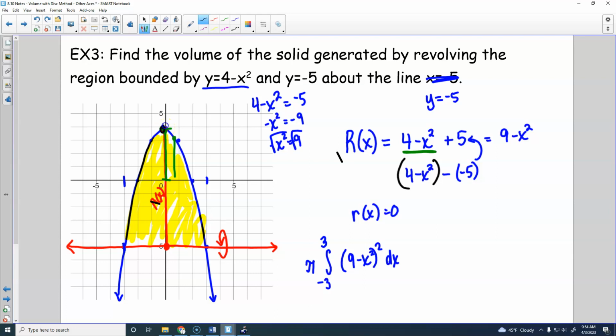So you could still do the top right here and the bottom right here. Remember, you're not rotating around the axis here. You're rotating around -5, so it's furthest away from the axis that you're rotating around.